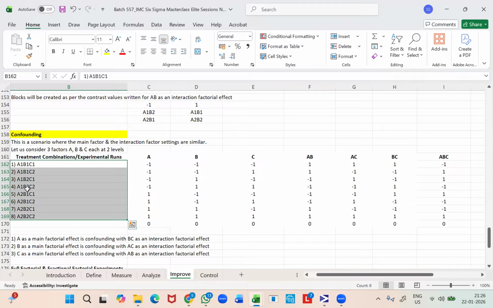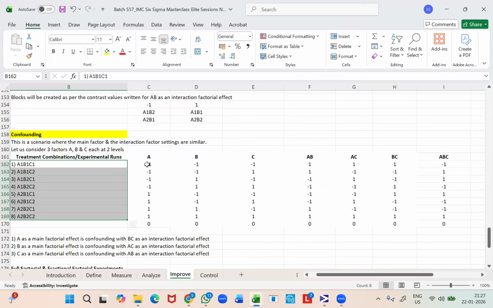Whenever we have a higher number of experimental factors, or a higher number of levels for each factor, we will not be able to consider all possible treatment combinations. So we will consider only a part of these treatment combinations for conducting the experiment, and that is what confounding will help us to achieve.